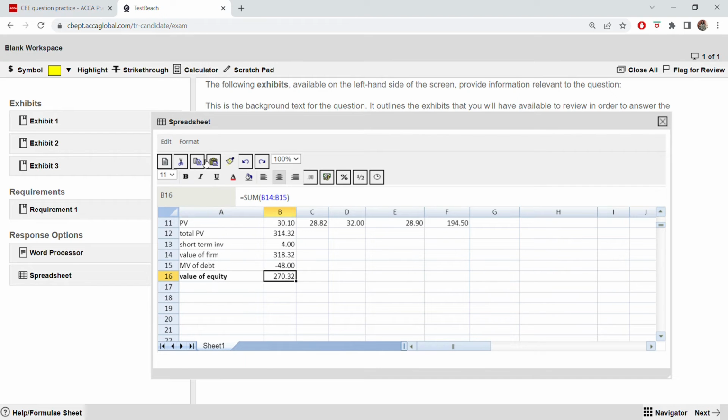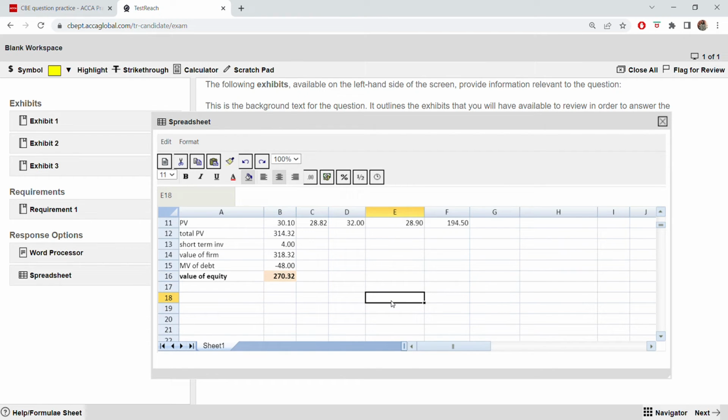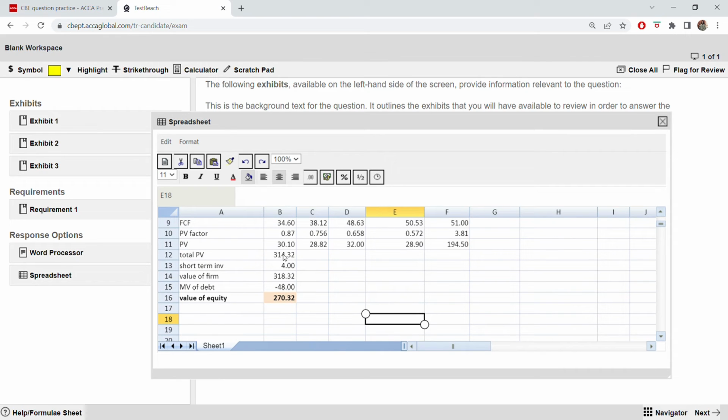Maybe I can make it bold, or maybe I can even highlight it like this to show that this is the answer. You see, this is how you can do any question on free cash flow. The only difference is, till your total present value it is like a net present value calculation. After that, adding investment and deducting debt is the only difference. That's it, to get the value of equity.